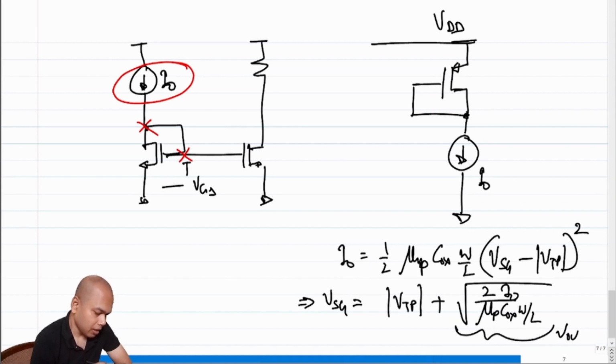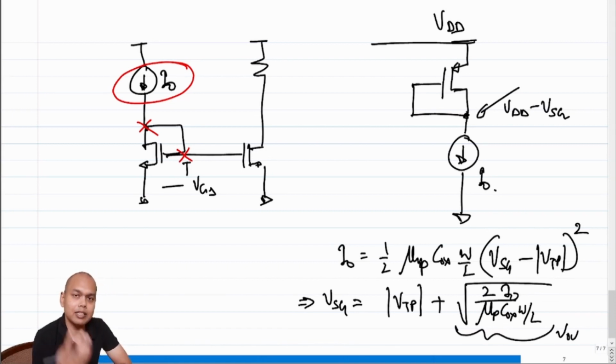Okay. So in this case, if this is the VTP, this is the VSG, what will be the gate voltage or the drain voltage in this case, because gate and drain are shorted? This will be VDD minus the VSG, right? And what will happen to this voltage if, let's say, threshold voltage changes?